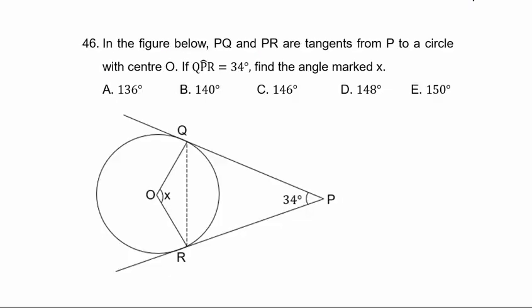Question 46. In the figure below, PQ and PR are tangents from P to a circle with center O. If angle QPR is 34 degrees, find the angle marked S. So this angle is given as 34 degrees, and you should find this angle.